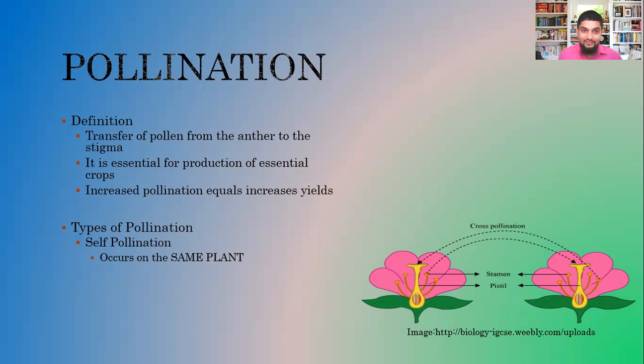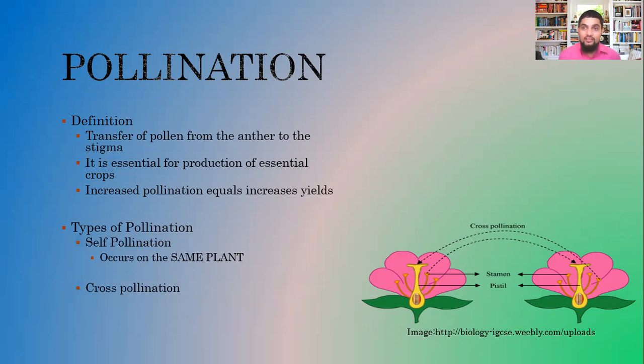Or alternatively, you can have the pollen grain moving from the anther to the stigma of another flower, but on the same plant. So you may have an insect feeding on a particular flower, then it moves to another flower on the same plant and it carries that pollen grain. So when that pollen grain is transferred, that's self-pollination. Self has to do with the same plant.